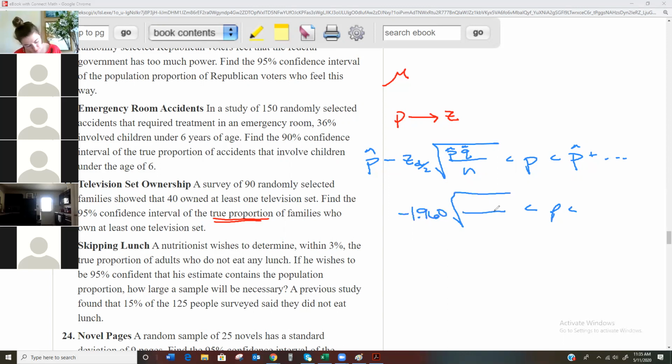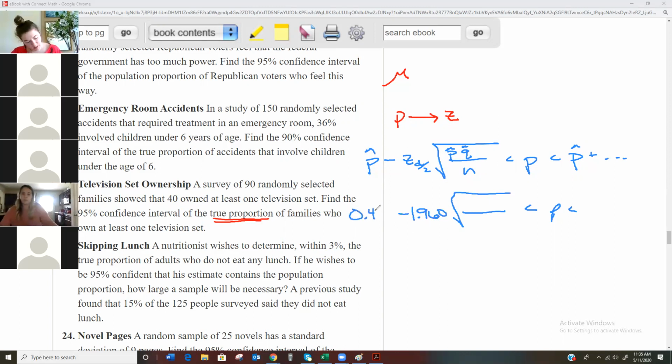So what'd you guys get for P hat? I don't want to leave anybody hanging here. Is it 0.44? That's what I got, and you got that from 40 over 90, right? Yep. And I would use 0.444. Usually they say with the proportions to do 3 decimal places. So it's like 44.4%.